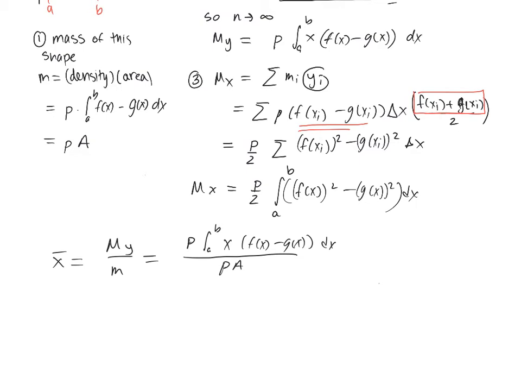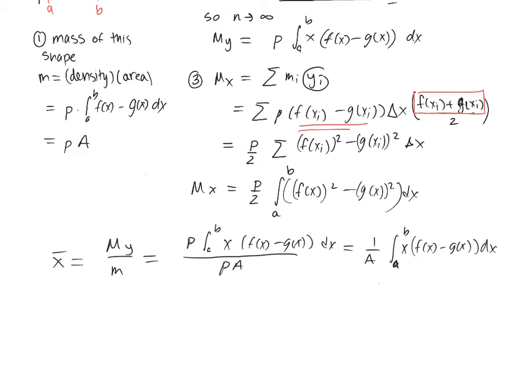They cancel out and don't matter. And this just becomes 1 over area integral a to b x times f of x minus g of x dx, which is the formula given for x bar right below this big open space.